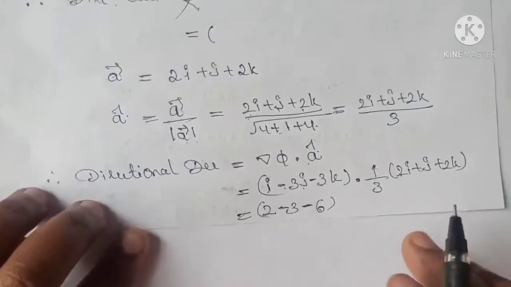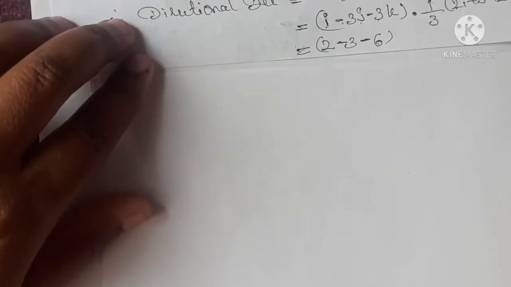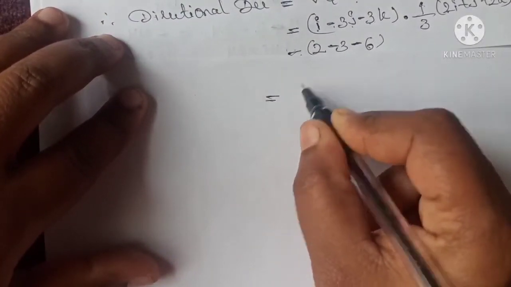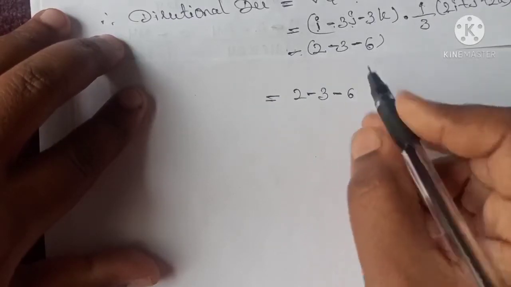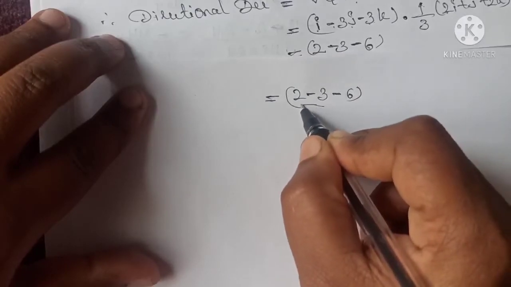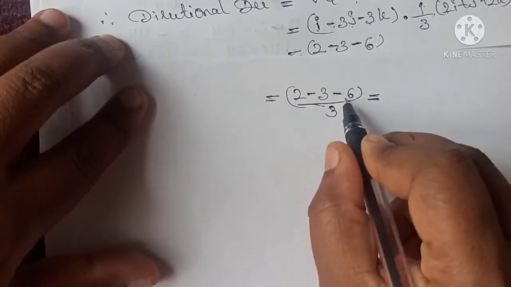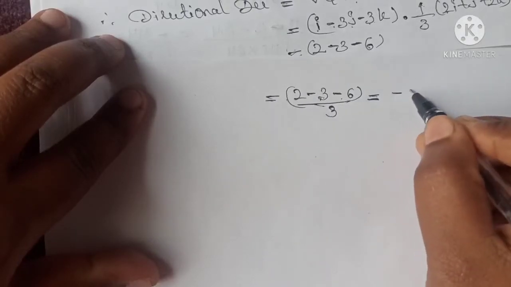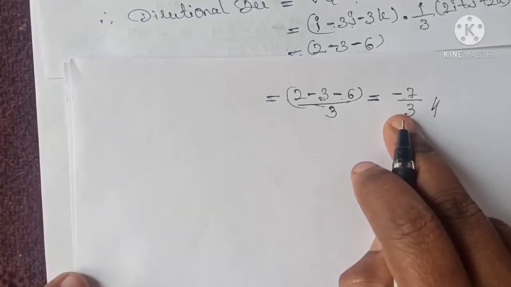So this is equal to 2 minus 3 minus 6 divided by 3. Simplifying, we get -6 minus 3 is -9, plus 2 is -7 divided by 3. Thus the required directional derivative is -7 divided by 3.